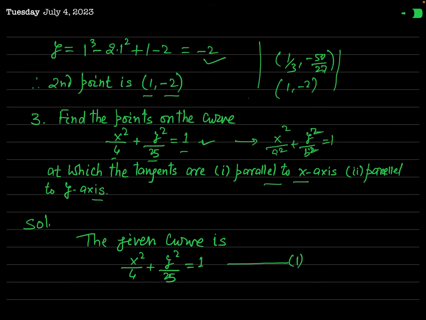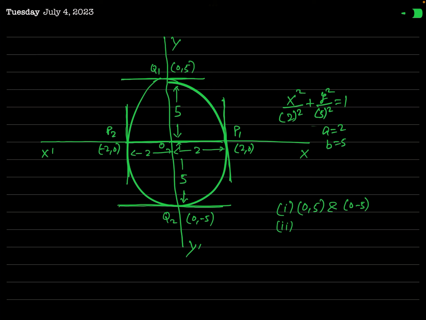And in the second part of the problem you have been asked to find the points where the tangents are parallel to the y-axis, and you can see these are the points P1 and P2 where the tangents are parallel to the y-axis, and these points are 2, 0 and -2, 0.